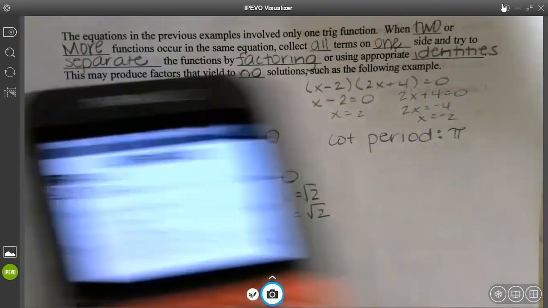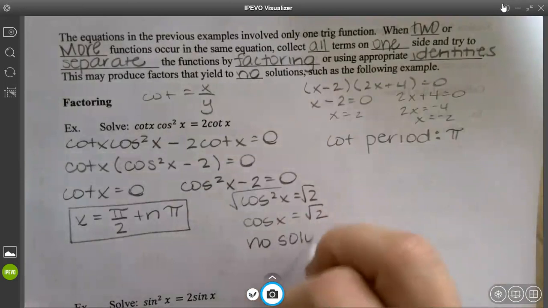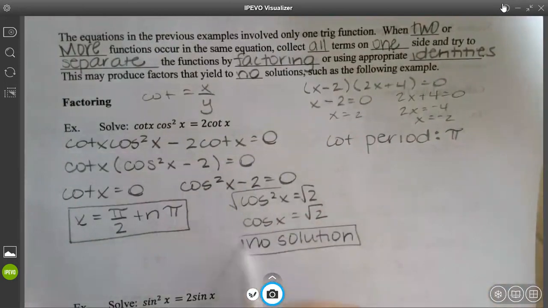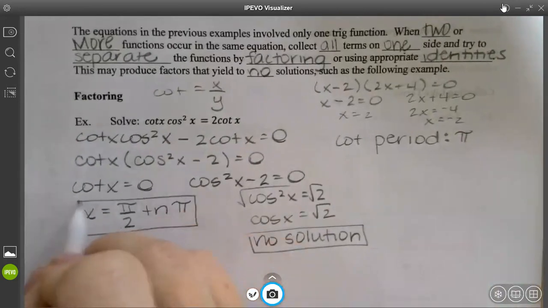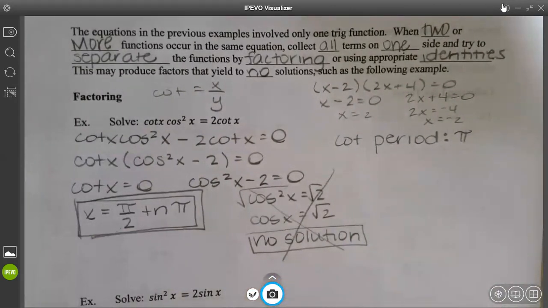Doesn't work, right? So for this one, there's no solution. That's what it's saying at the top: sometimes factoring will make one of the factors yield no solution, but this is our actual answer. This one doesn't count because it doesn't give you a solution. It's kind of like those extraneous solutions.